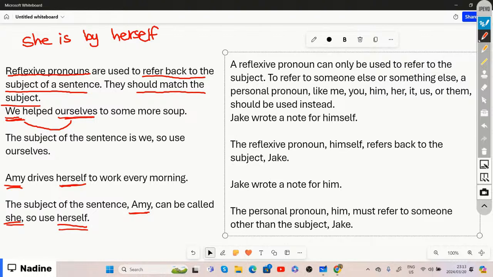To refer to someone else or something else, a personal pronoun like me, you, him, her, it, us, or them should be used instead. There's a difference between a reflexive pronoun and a personal pronoun. Personal pronouns are words like me, you, him, her, it, us, and them. But in this case, we have a reflexive pronoun, so it ends in self, right?